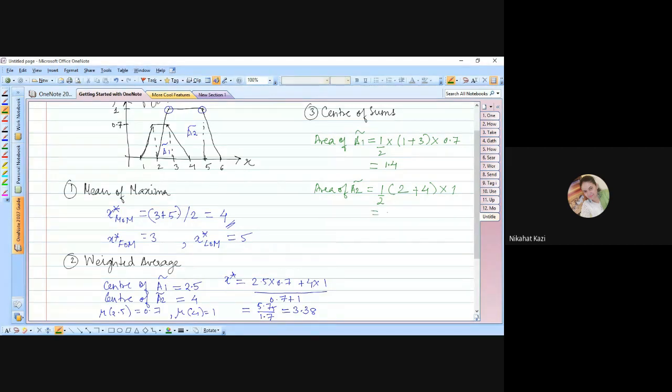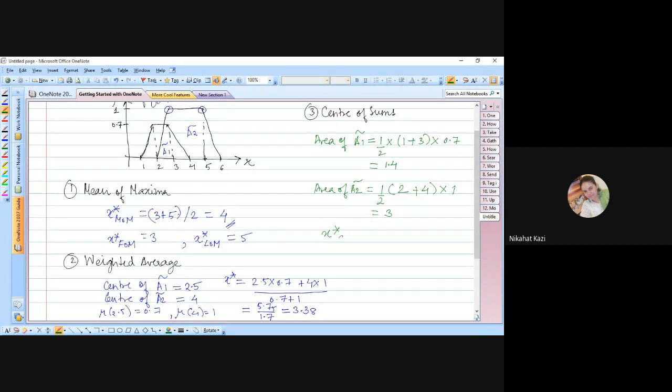That is equal to 3. Okay. And what are the centers? Centers you already know, 2.5 and 4.